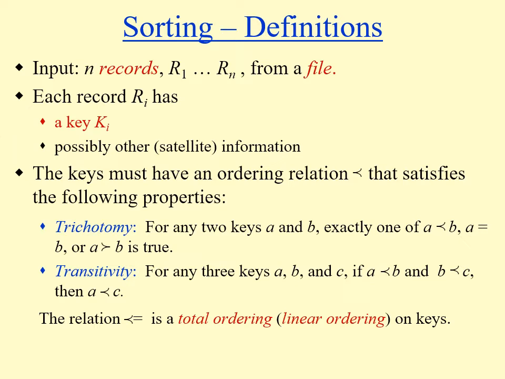If they meet these two properties, we say less is the ordering relationship, and then less or equal is a total ordering, or we call it linear ordering on the keys. Total ordering includes all the keys and also all the relationships.